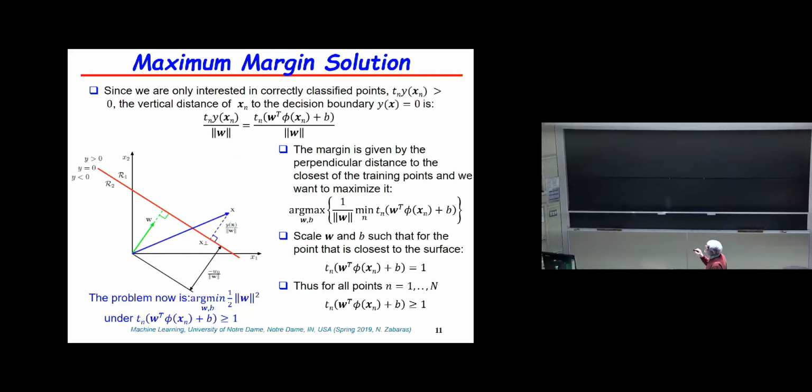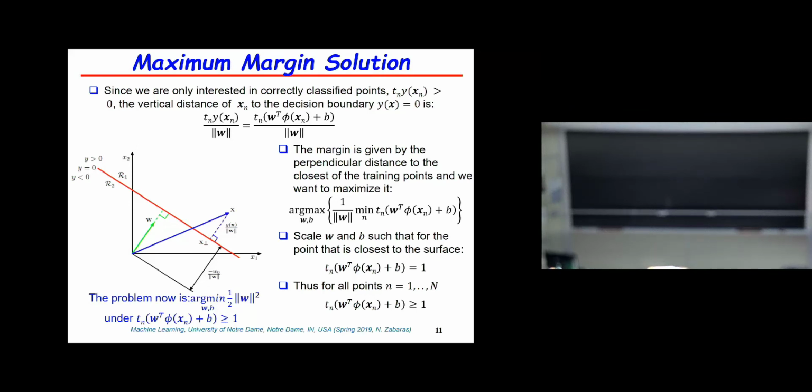I don't know if you remember from the early days when we discussed classification, I introduced this diagram separating two classes, class 1 and class 2. So this is the separating hyperplane. One of the things we define geometrically, and you can go back and look at an earlier lecture on linear classification problems: if you take a point x, its distance from the separating hyperplane is given by y of x divided by the magnitude of w, and w is the vector that you see from here to there.